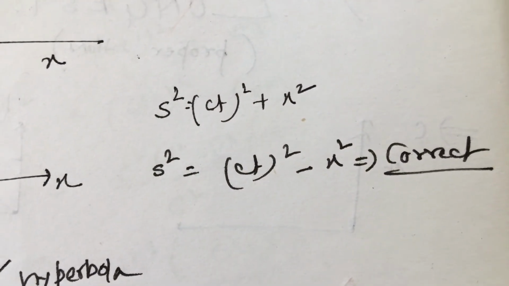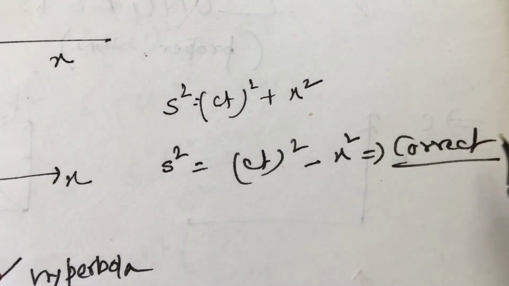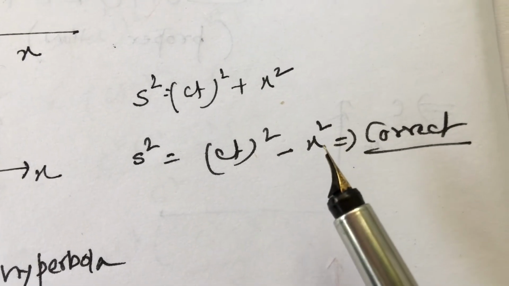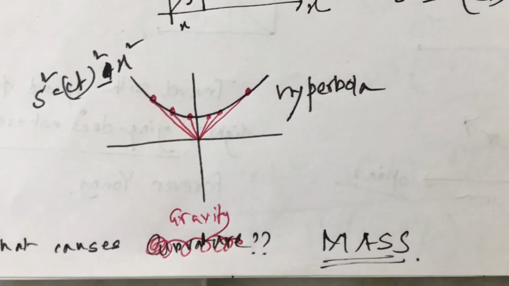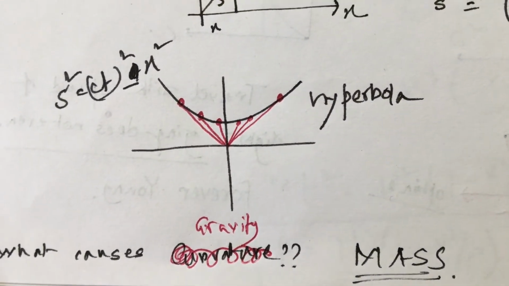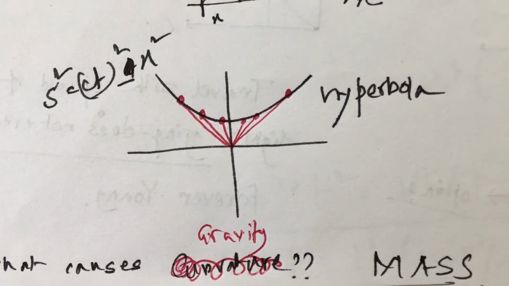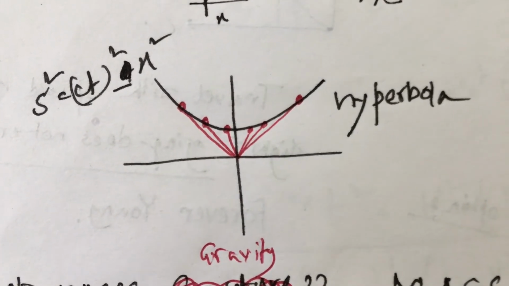But we know that this is actually the correct form because this thing is actually invariant. And if we plot this, we will get a hyperbola. For every point on the hyperbola, if we join all the points to the origin, all the distances are not the same.